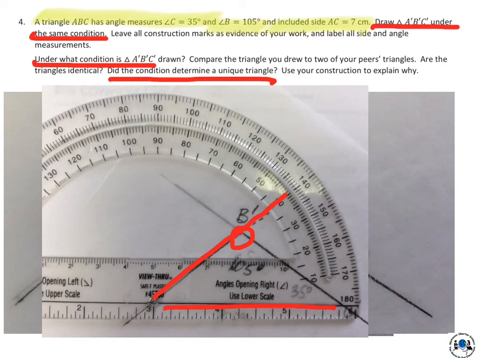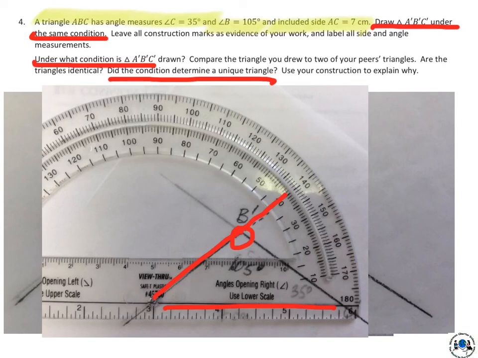All right, so those conditions, of course, were two angles and the side opposite a given angle condition, which is the same as we had last time. All right, all the triangles will be identical, and this condition determined a unique triangle. Okay? And yeah, that was my process.